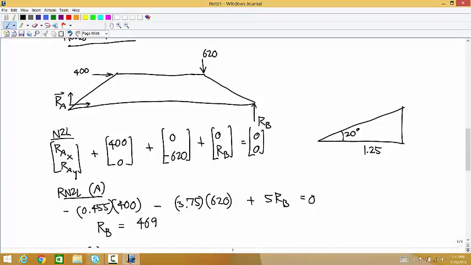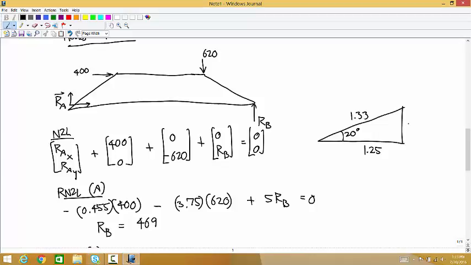And so 0.940 is equal to 1.25 over, so this length is 1.25 divided by 0.940. What's that equal to? 1.32979, so 1.33.